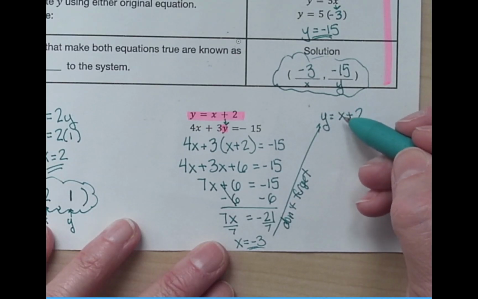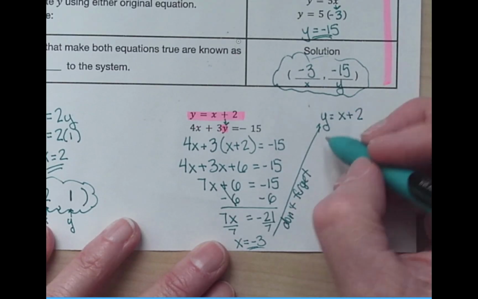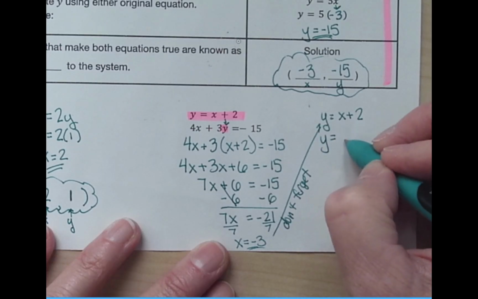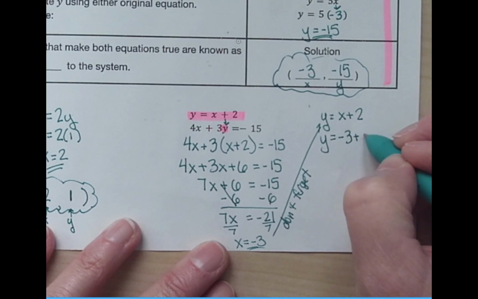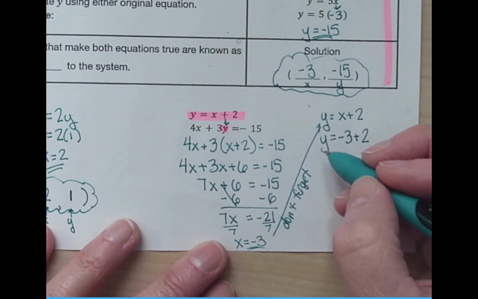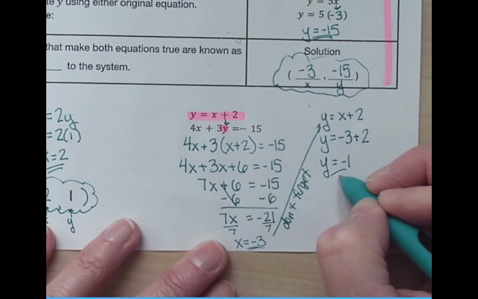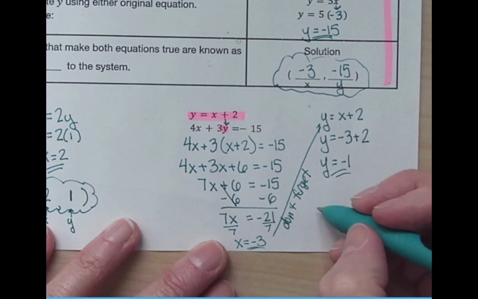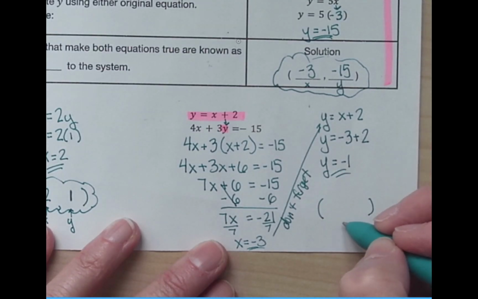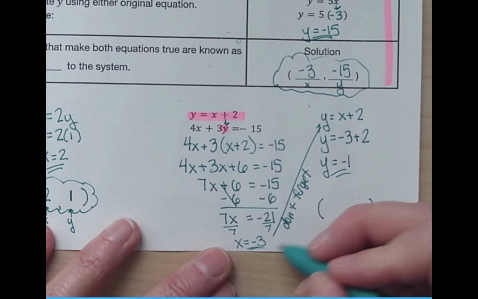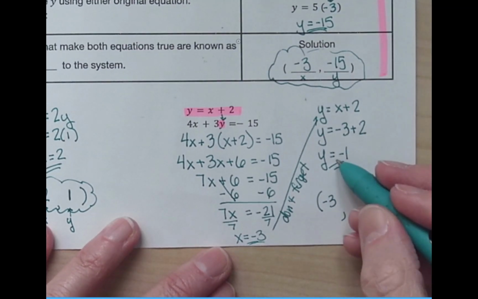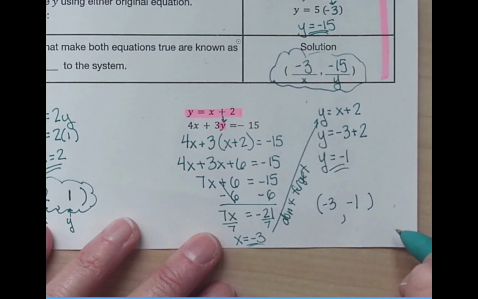So I'm going to drop that right in here for x. X is negative 3. And then y is negative 3 plus 2. And I'll write my final answer as a coordinate. X is negative 3, and y is negative 1.